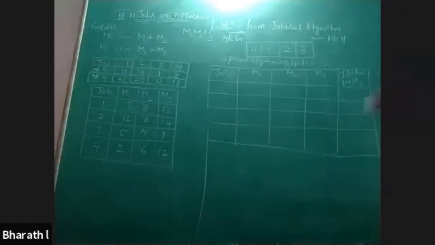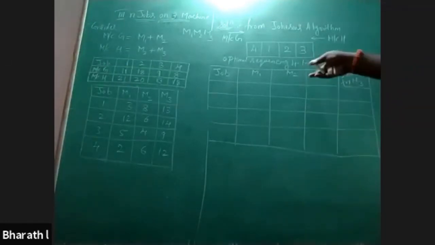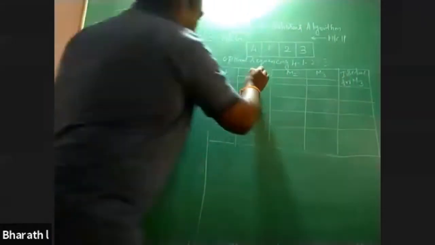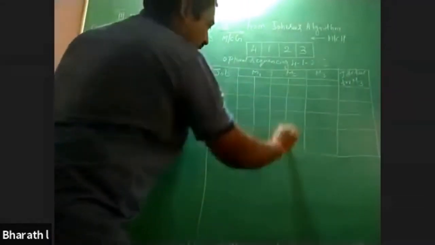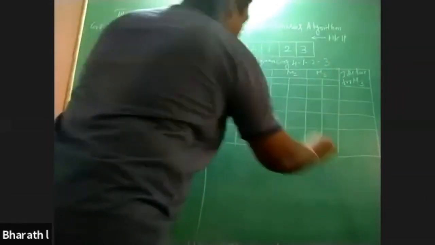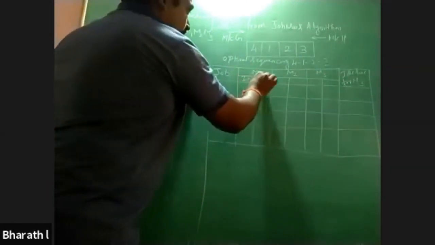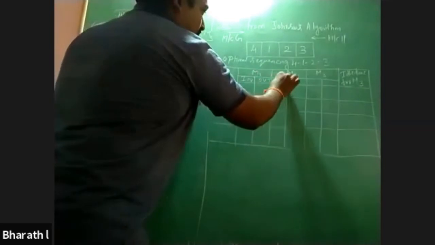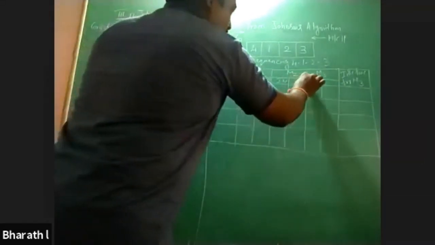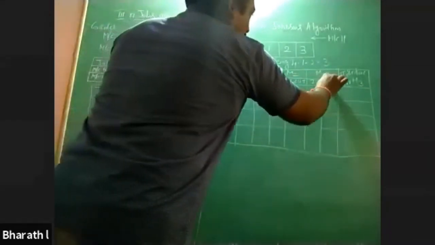Since for each machine there will be an in time and out time. Here you have to write in, here you have to write out, in, out, in, out.